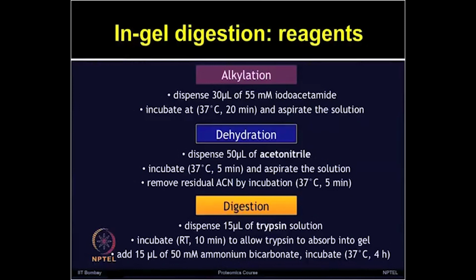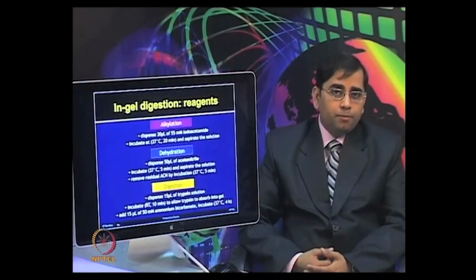The reformation of disulfide bonds may occur, so to prevent that, iodoacetamide, which is an alkylating agent, is used here. Again you need to do the dehydration step, as the recipe is mentioned in the slide. You can add the acetonitrile and then you are ready to perform the digestion, which is usually done by using trypsin.